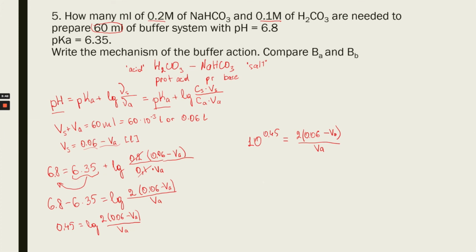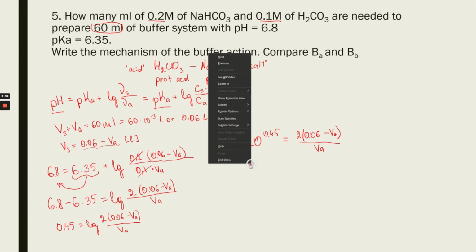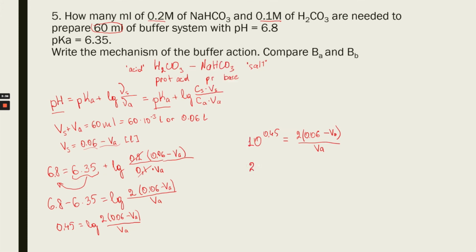10 power 0.45 is 2.818, but we'll round it and we write 2.8, and this is equal that number.